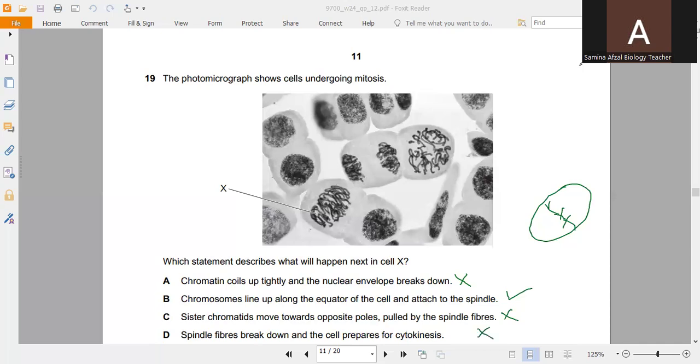This is the last stage, telophase, and after telophase, cytokinesis takes place, in which the cytoplasm divides. This is the stage you can say is late prophase. After this stage, the chromosomes will line up along the equator of the cell and attach to the spindle. So B is the correct option in this case.